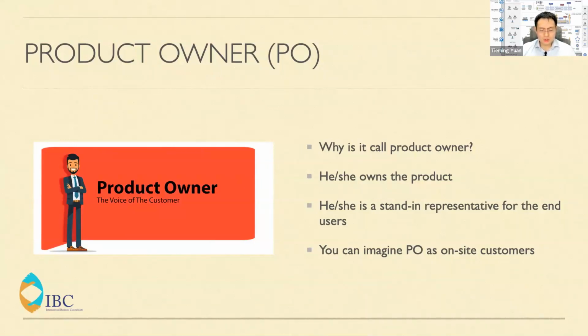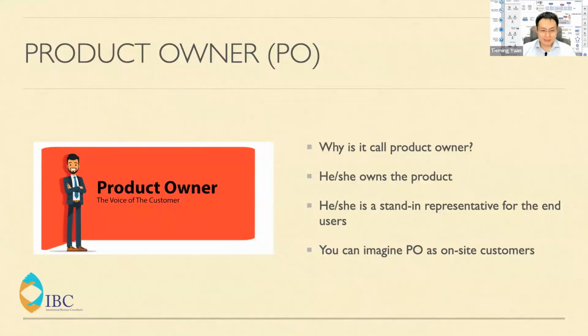So product owners act as a stand-in customer or on-site customer, where he thinks and behaves like the customer. In that way, we ensure that whatever we build is what the customer needs or wants. So that's how the name of the product owner comes about.